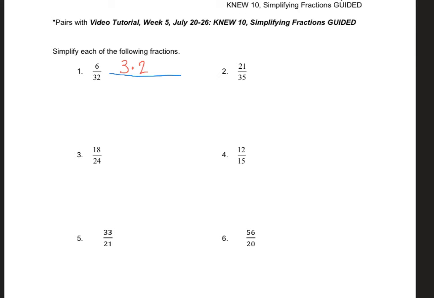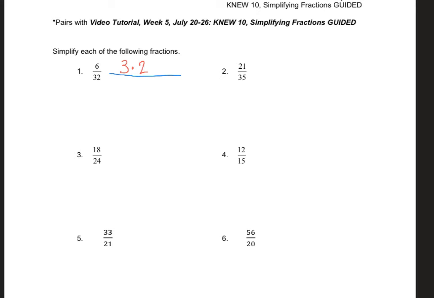Now, when we're simplifying 32, we want to look for a factor that matches. So we're wondering if 32 has either a common 2 or a common 3 there. So using that multiplication chart, and this is where that comes in handy, or the calculator, dividing 32 by 2 or by 3, seeing which one gets us a no decimal answer, we see that it's a 2.